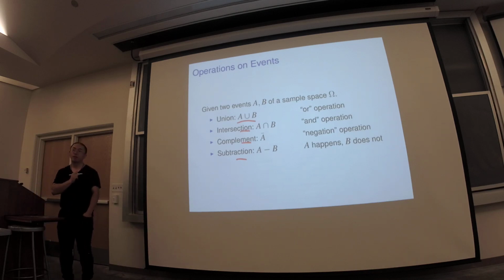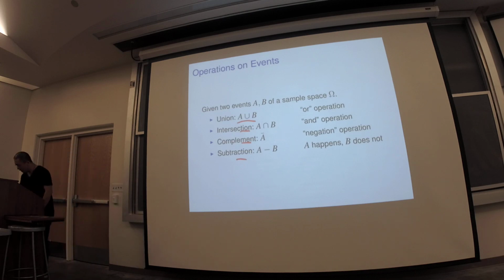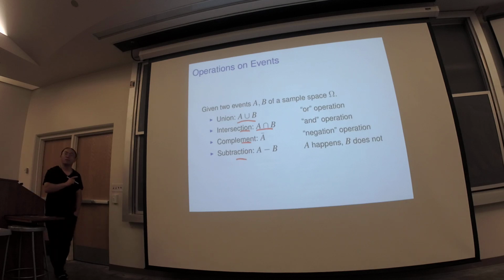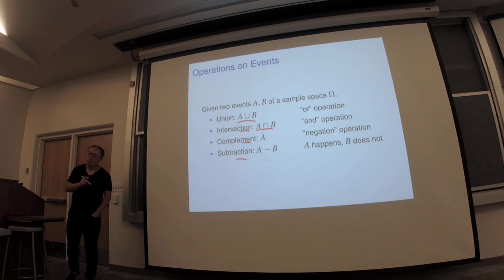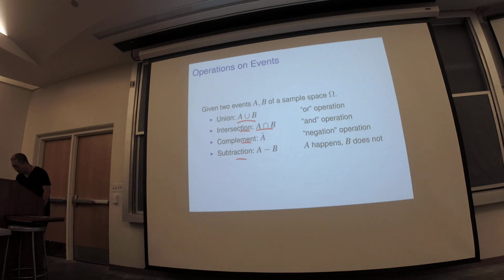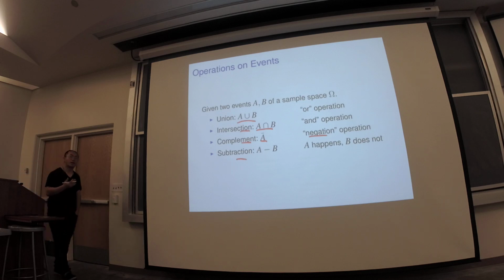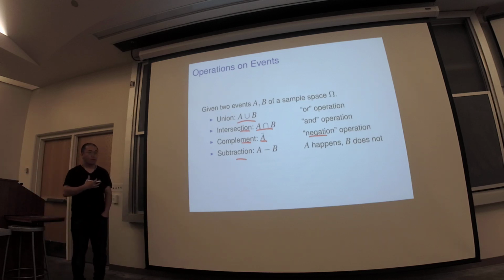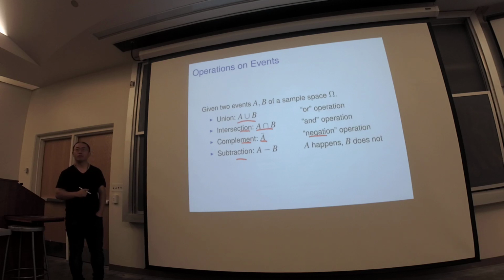The intersection of A and B represents another type of event, meaning that A and B both happen. And the complement of A is a kind of negation operation, meaning that events other than A happen.